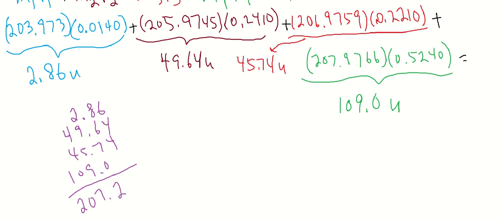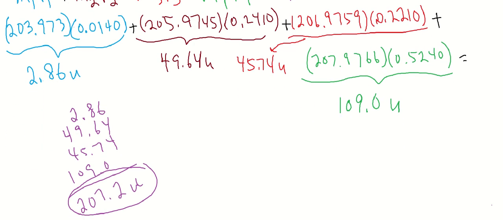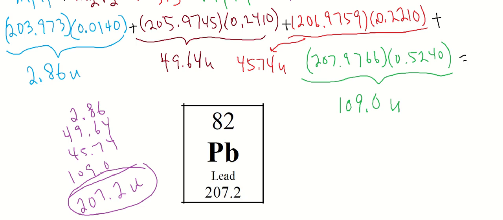Can't have anything out here because that number never knew that precision. So there's my final answer, there's my average, 207.2. So we've done that. Now let's identify the element. Let me grab a periodic table. There's your answer.